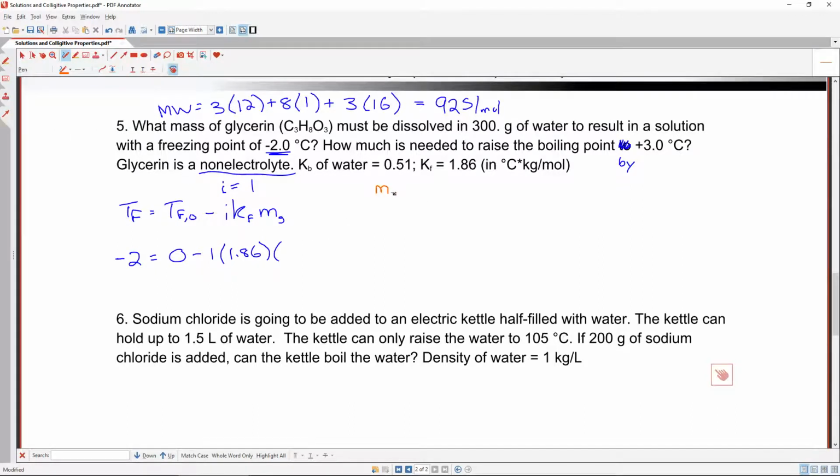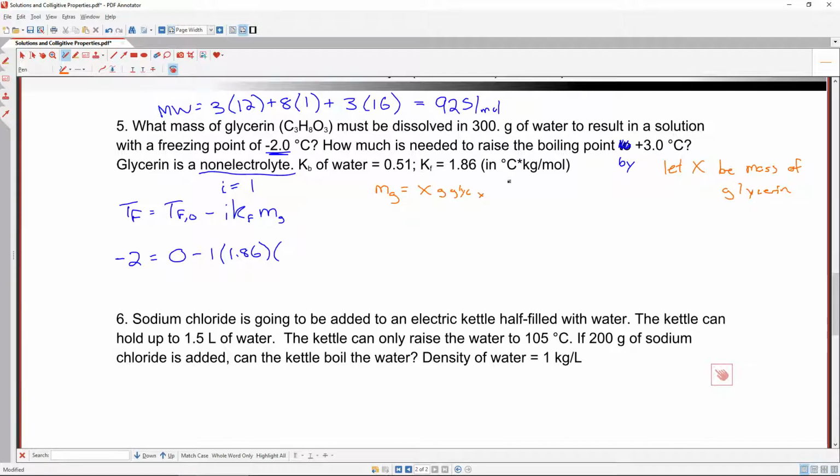Okay, so the molality of glycerin is equal to the moles of glycerin per kilogram of water. It asks us for the mass, so let's leave that as a variable. We'll call that x. So let x be the mass of glycerin. Right, so this is x grams of glycerin.